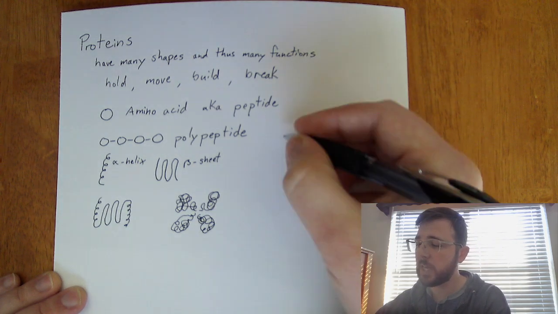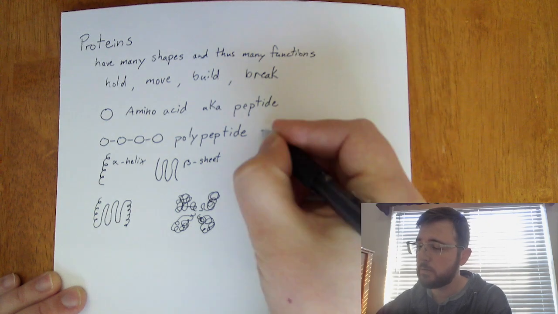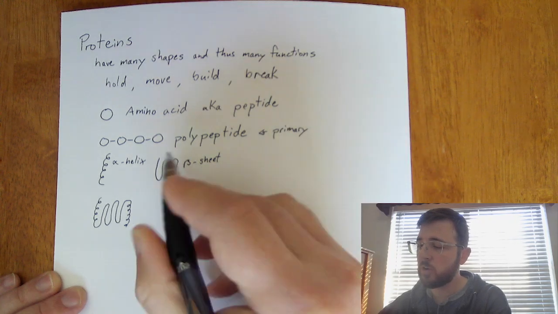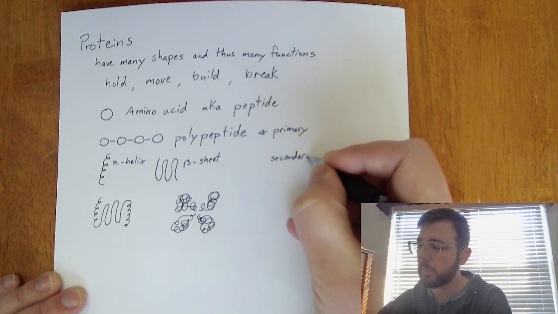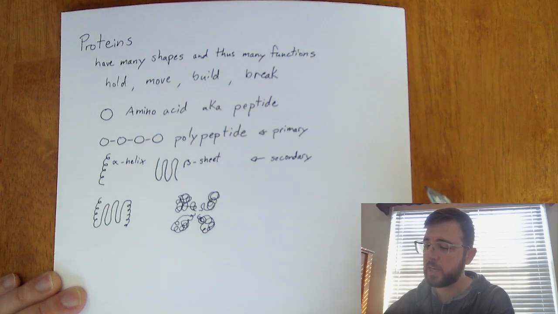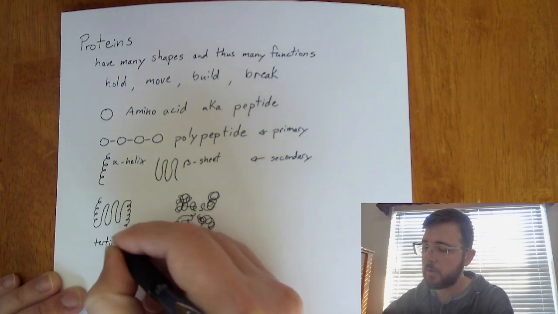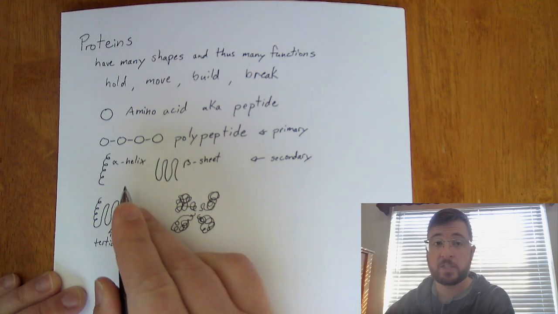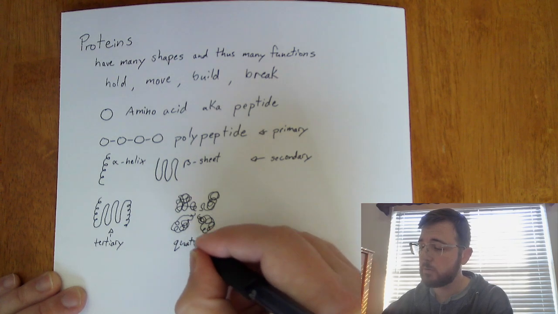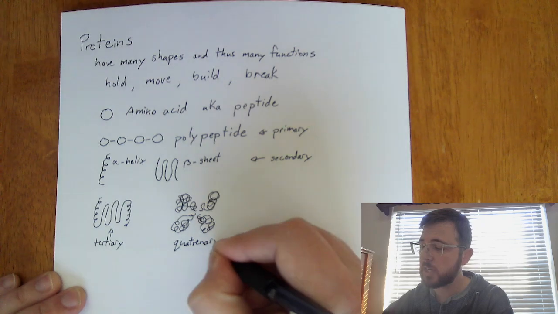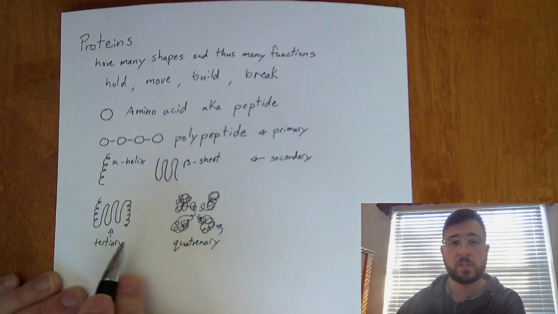So we have 3 different layers of structure. We have primary, which is just the order of peptides. We have the secondary, which is these alpha helices and beta sheets. We have tertiary, which is how these different alpha helices and beta sheets interact with each other. And then we have quaternary, which is how these different tertiary structures interact with each other.